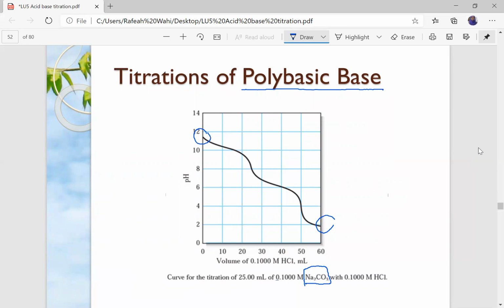You will have several equivalence points here because you are dealing with a polybasic base. As I have mentioned earlier, we're not going to have any calculation details for the polyprotic acid and polybasic base titration, but instead you have to recognize how the titration curve will look for both the polyprotic acid and polybasic base titration.